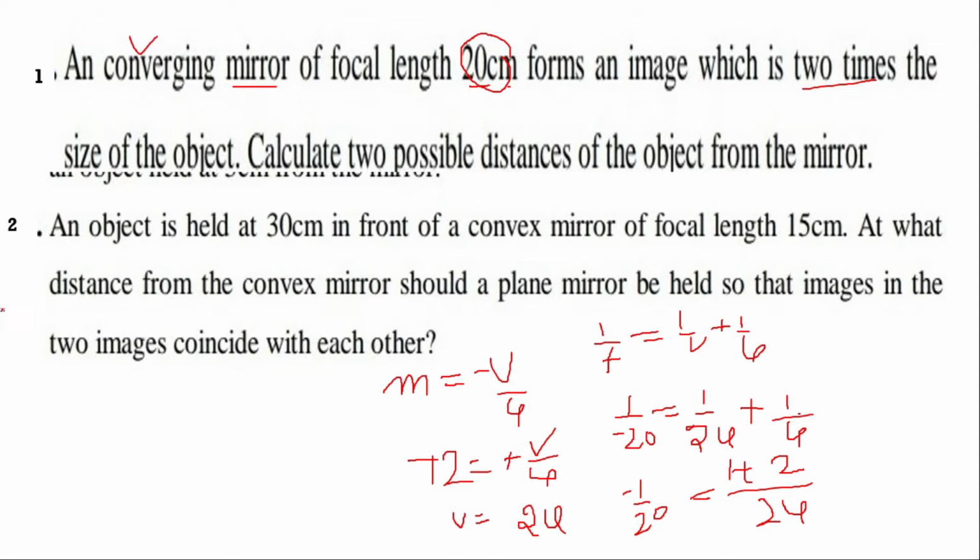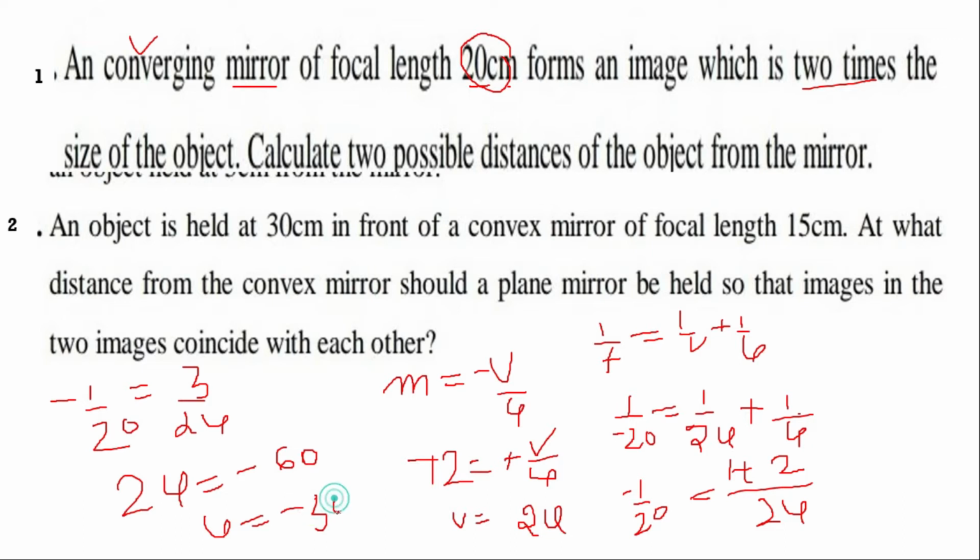So what will come? Minus 1 by 20 equals 3 upon 2u. After making cross multiplication, what will come? 2u equals minus 60. Okay, so u will be equal to minus 30 centimeters.